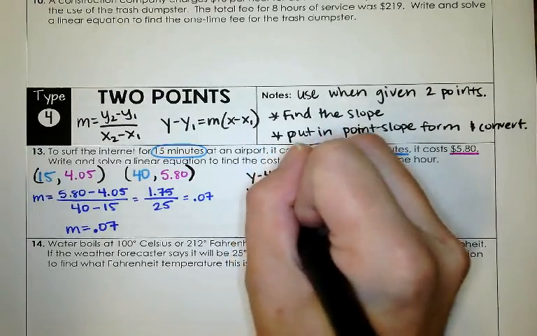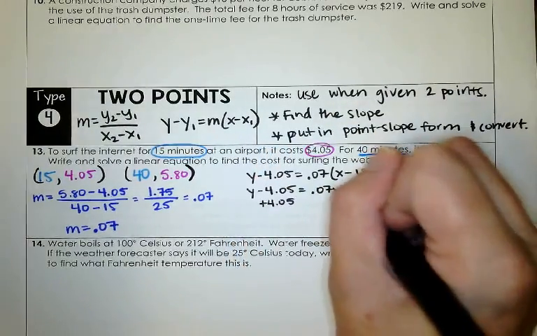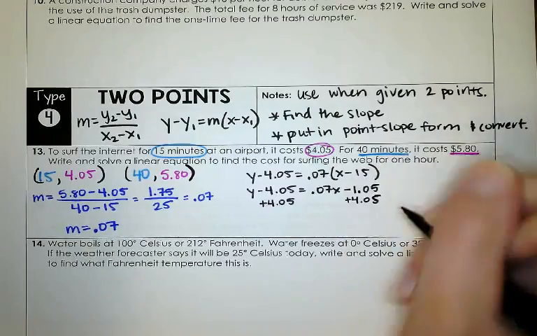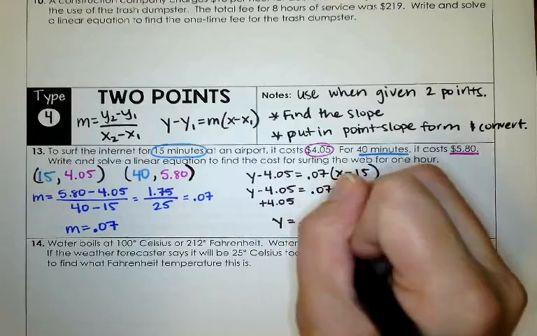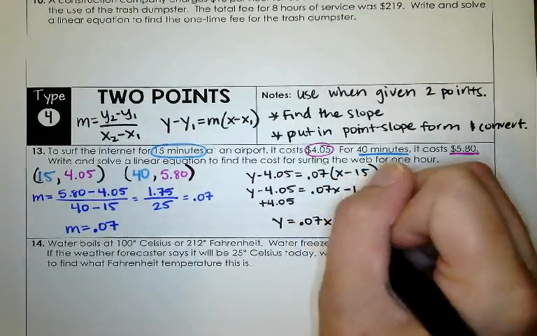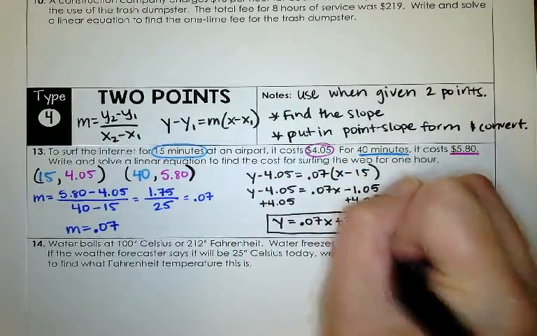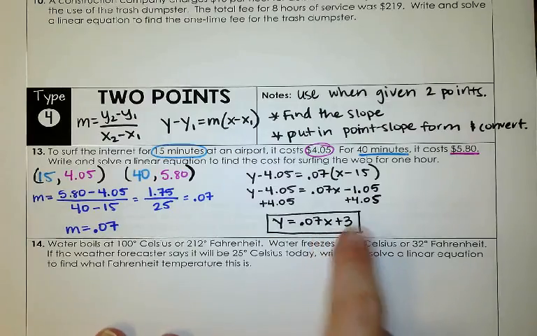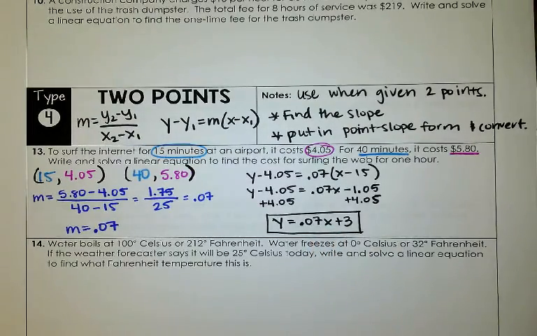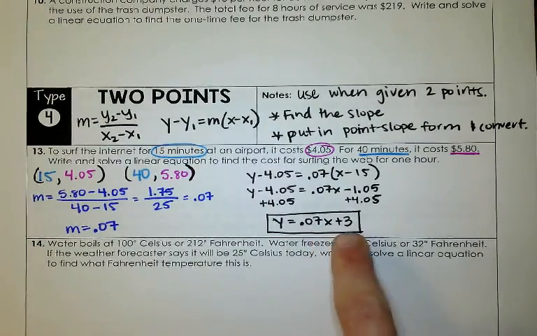So y is equal to 0.07x plus 3. Whew! Do y'all feel good about that? So what is my initial charge just for connecting to the internet? $3, right? So I got $3 just to connect to the internet, and then it's 7 cents a minute after that.